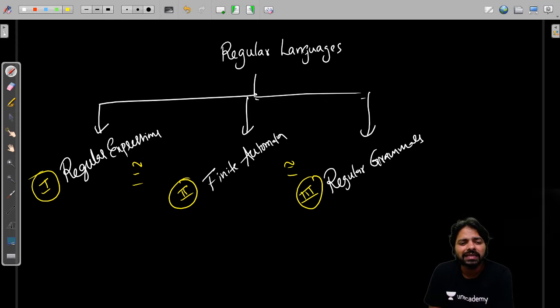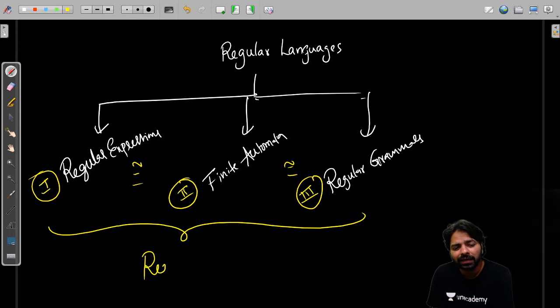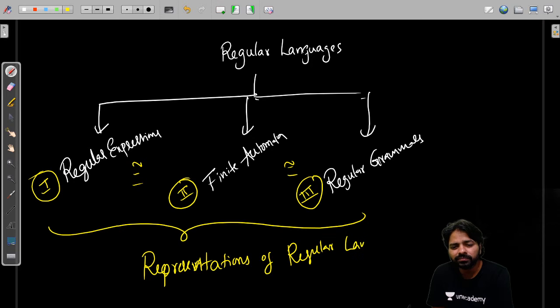All are representations of regular languages. Any regular language you take, you can design or write using all of them. These are all representations of regular languages only. Then let's begin today's class.